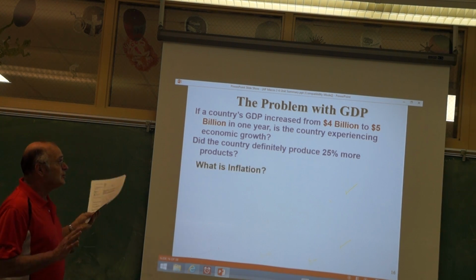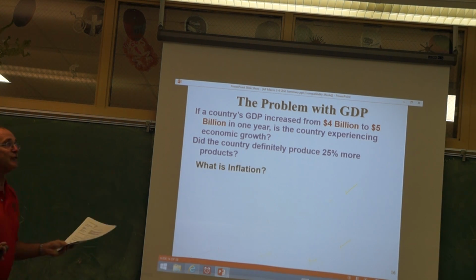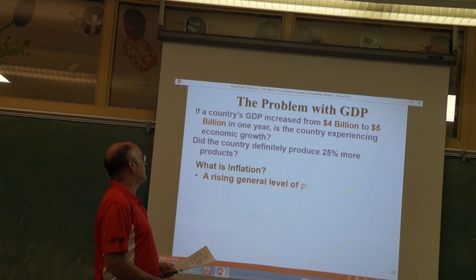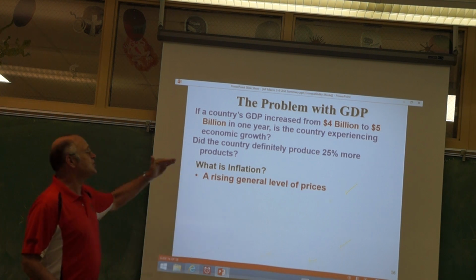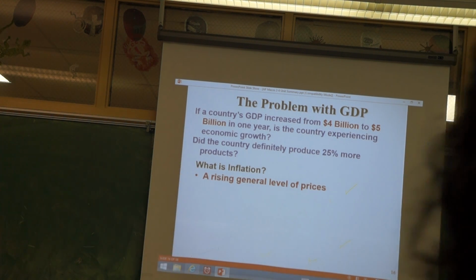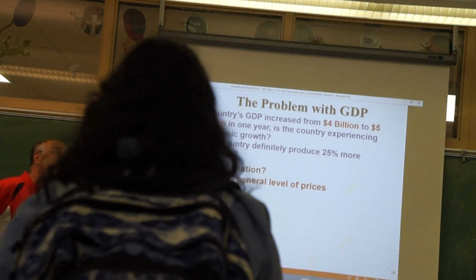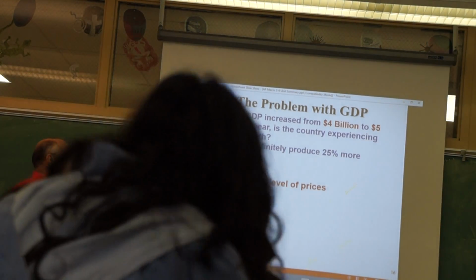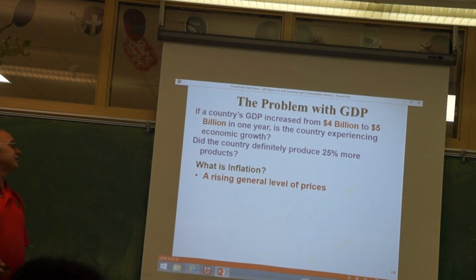So GDP by itself is not a perfect indicator of economic growth. So let's step back. What is inflation? A rising general level of prices. That's when PL in your graph increases, price levels are going up. That is inflation.